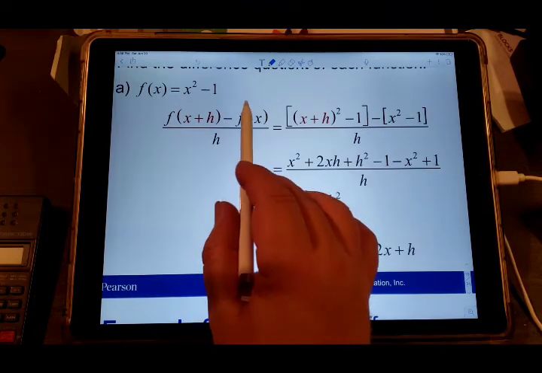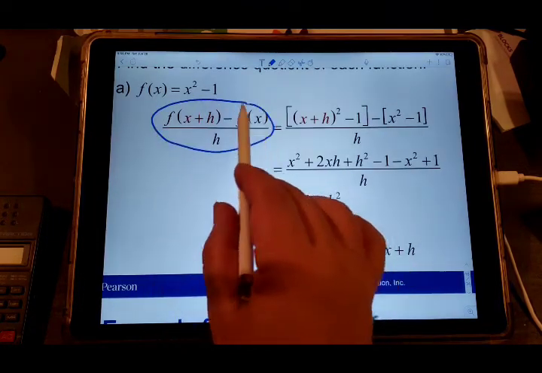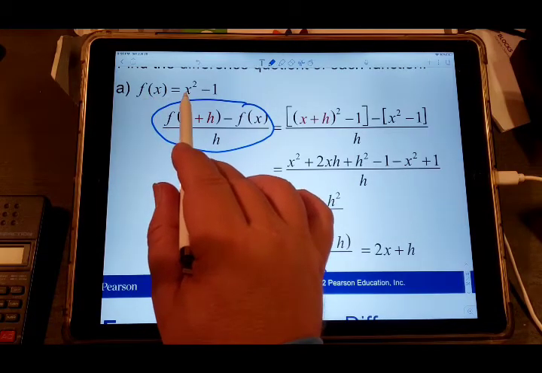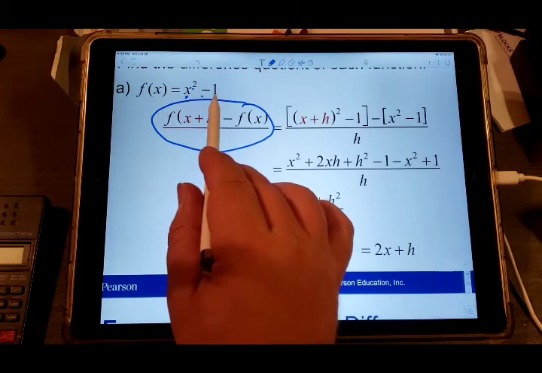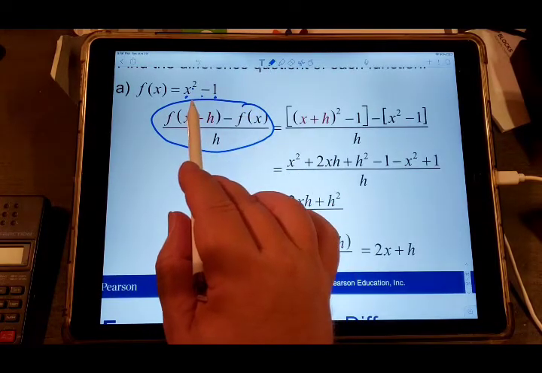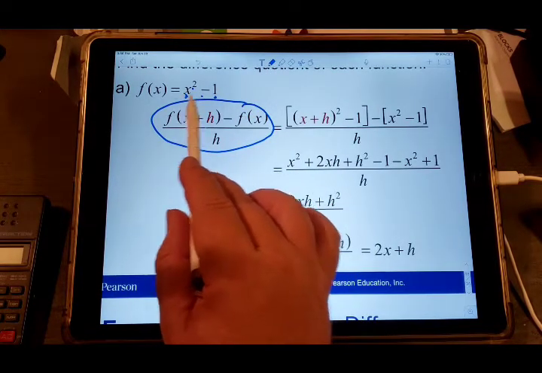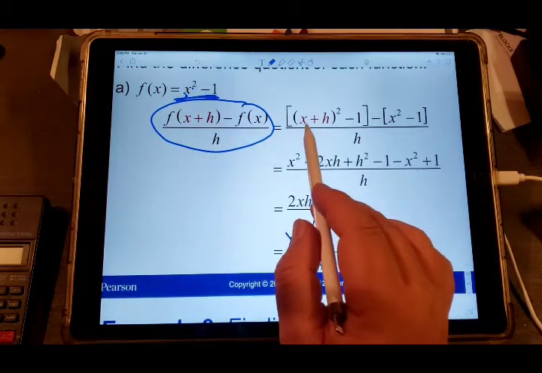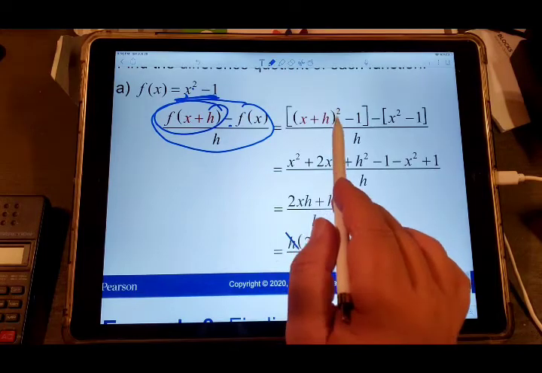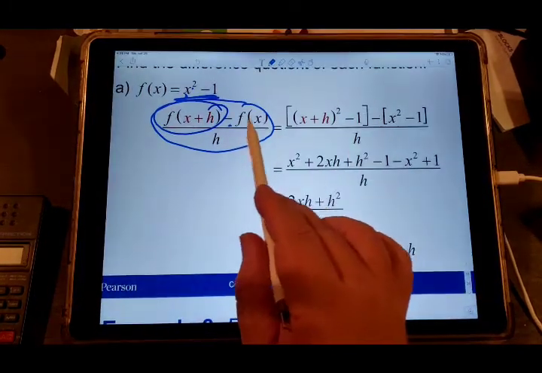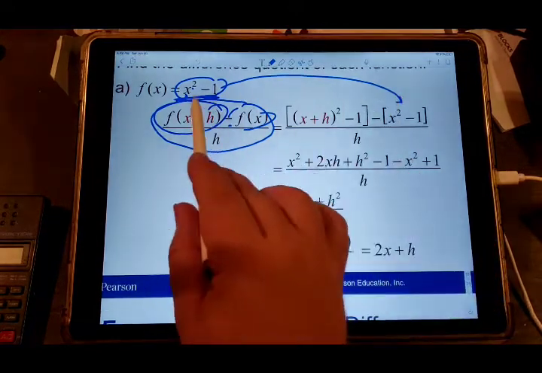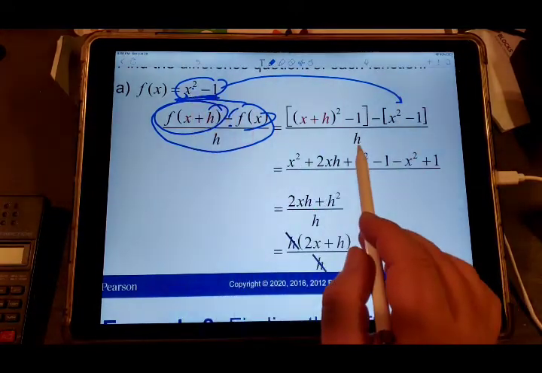So here we're just writing down the formula. But by the way, we changed the function. It's now argument squared minus 1. If we tried it with that previous problem, it would have been pretty tedious because it was a lot harder. So they gave us a simpler function here. So this first part before the minus sign, argument squared minus 1, and then minus just f of x, so minus just this exact x squared minus 1, over h.